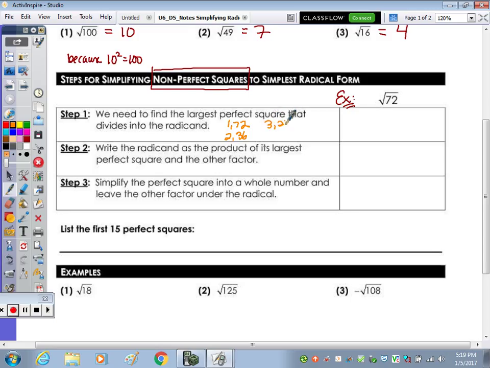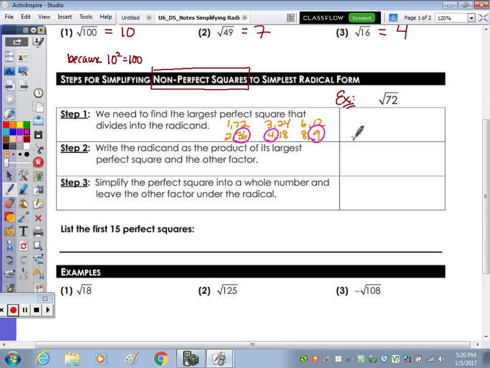Then 4 times 18, 5 no, 6 times 12, and then 8 times 9. So our perfect squares are 36, 4, and 9. 1 is a factor of anything, and that's the smallest perfect square. So the largest perfect square factor is 36.